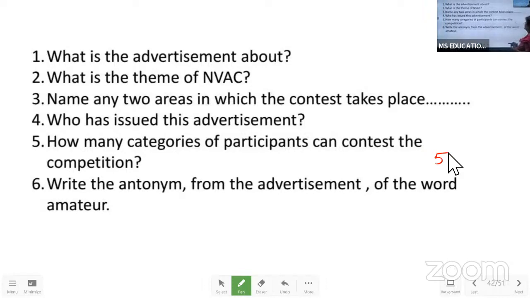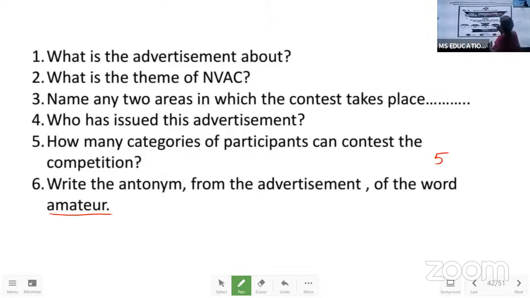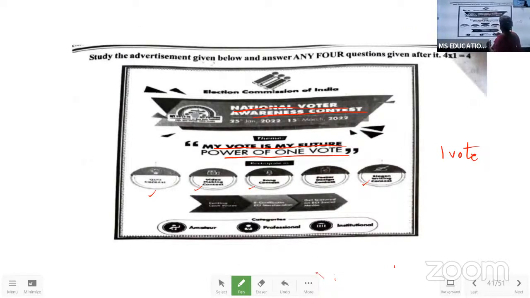Write the antonym from the advertisement of the word amateur. The word amateur means not experienced, so it should be professional. Check. Professional.